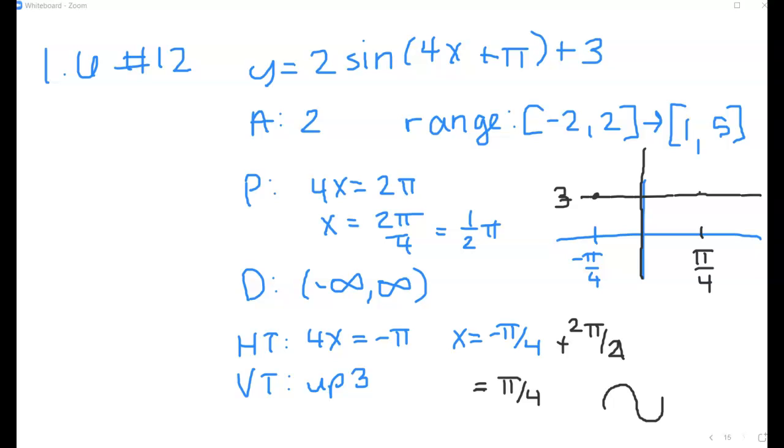So that means that this ends here. The midpoint of -pi fourths and pi fourths would be 0. And then this is kind of like -pi eighths and +pi eighths, because 1/2 of a fourth is an eighth. Our max is 5, our min is 1. So this goes up to 5, down to 1. And then that function would continue infinitely in both directions.